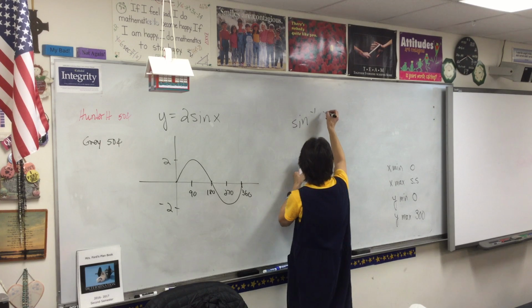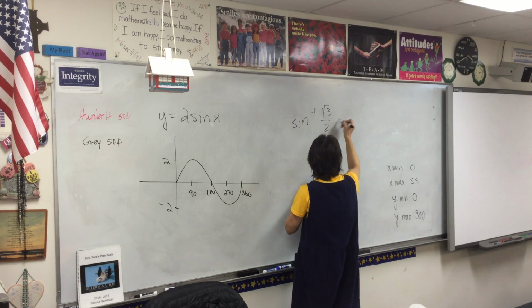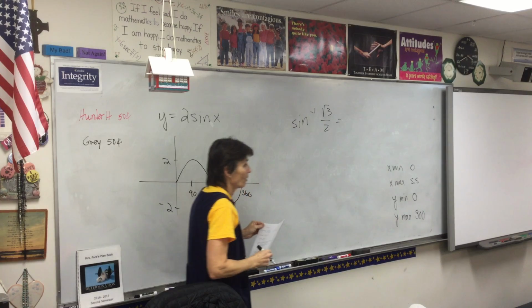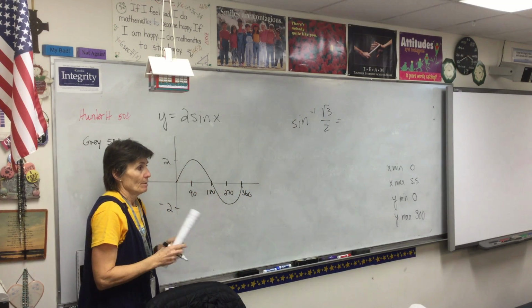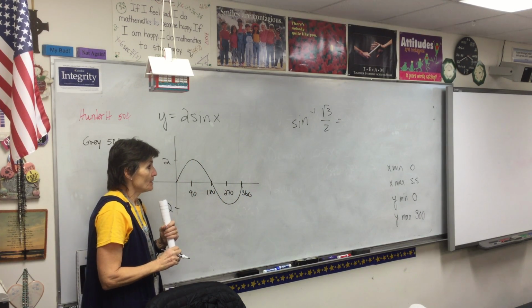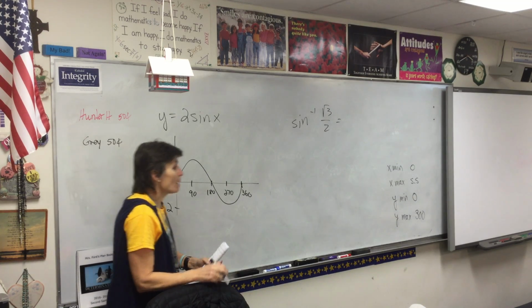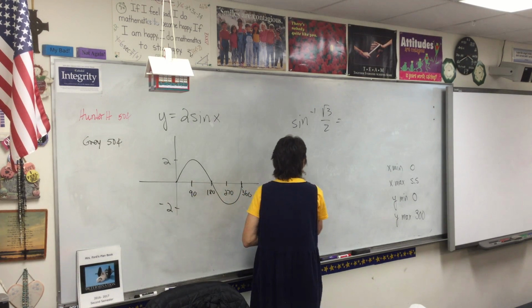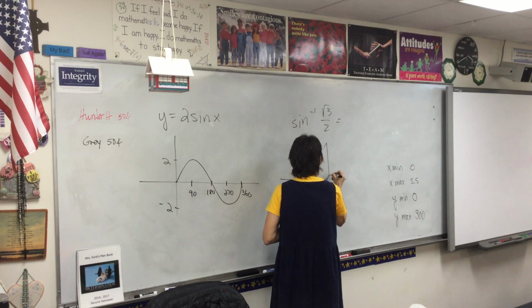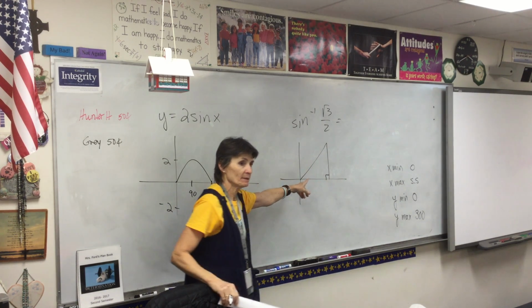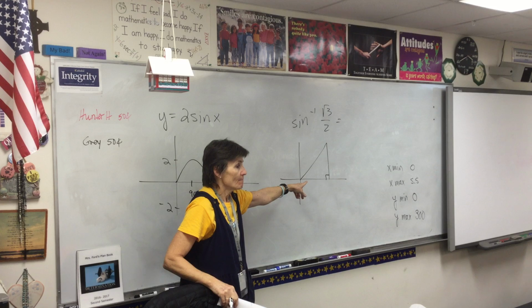This is a no calculator problem. It's kind of hard. This means somewhere out there, there is an angle. Remember that triangle? How many millions of those have we drawn, right?